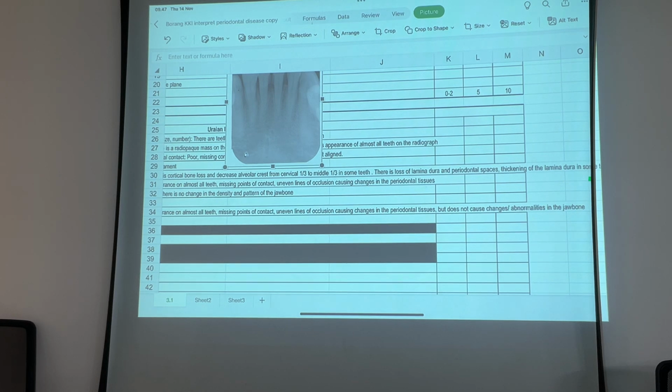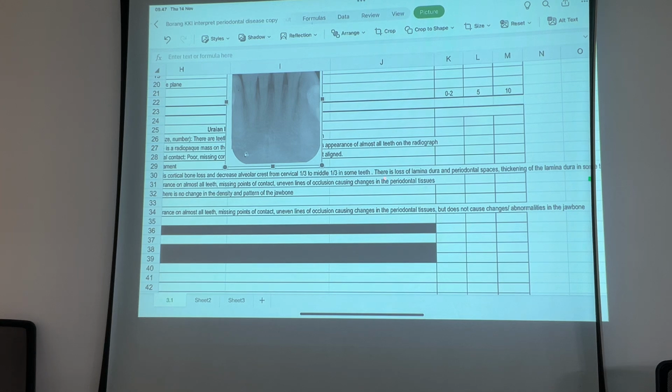Now because you already know the normal anatomy of periodontal condition, now you can write like this. Maybe last week you were a little bit confused how to measure the periodontal condition. But right now you can say that cortical bone is already lost, and there's a decreased alveolar crest from cervical 1/3 to the middle in some of the teeth.